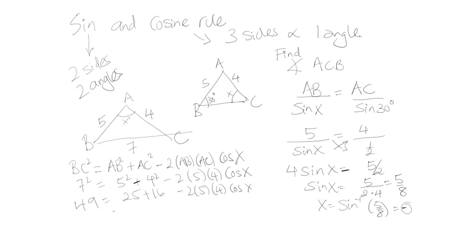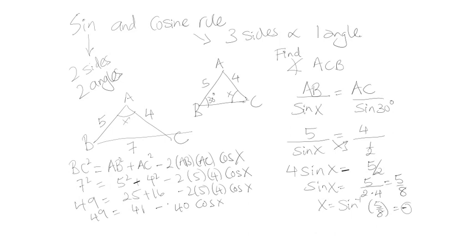And then you keep simplifying. That's 41 here, 49 minus 41, 2 times 5 is 10, 10 times 4, 40 cos x. And in that way, you try to make x the subject of the formula and you solve it.